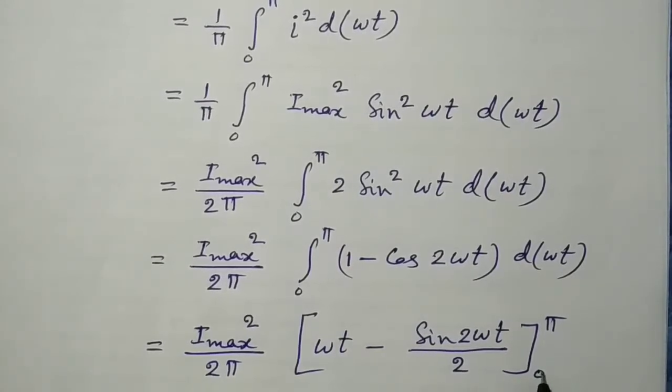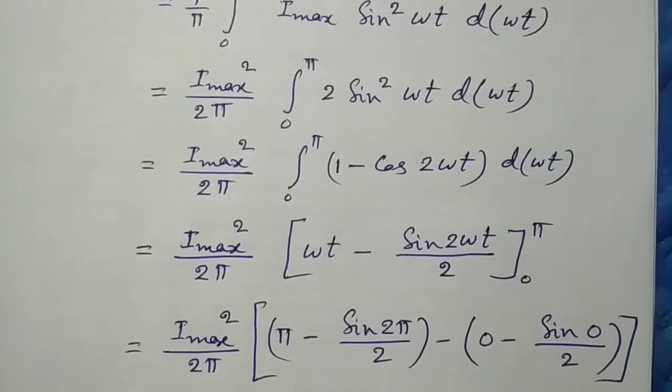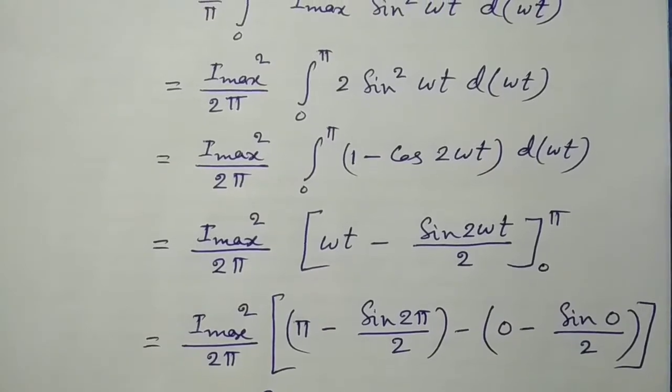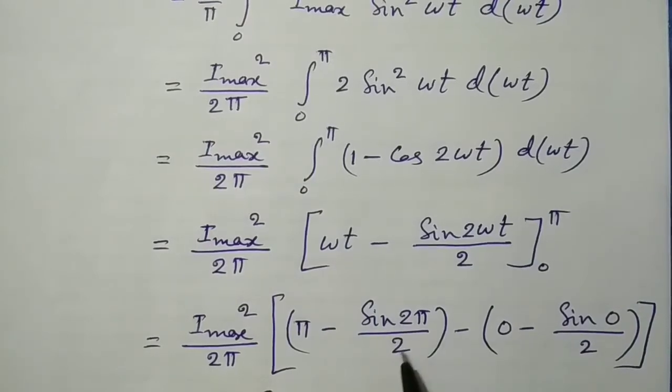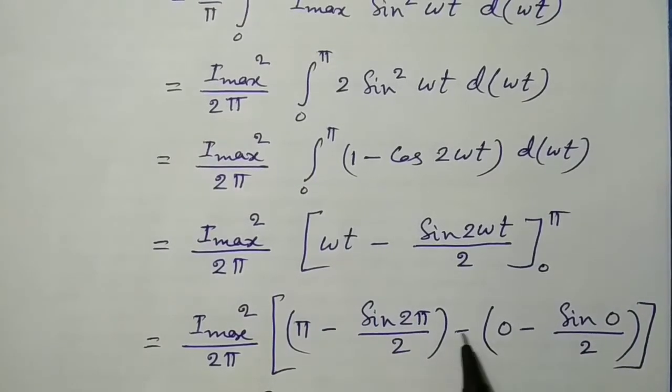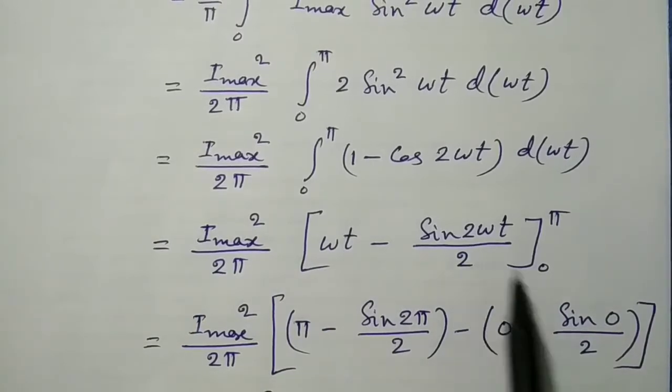And the range is 0 to pi. So now we put the value of the range. So it will be pi minus sine 2 pi by 2 minus 0 minus sine 0 upon 2.